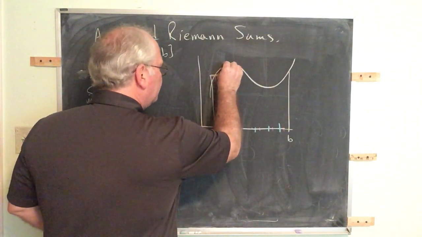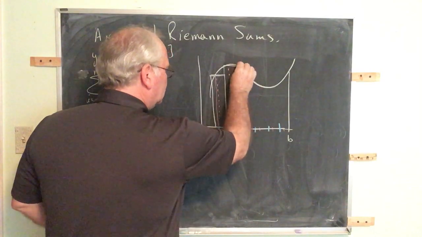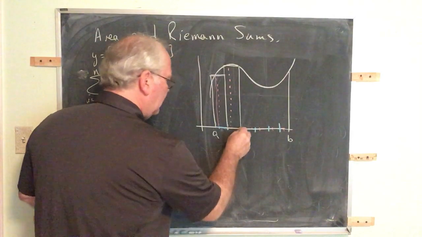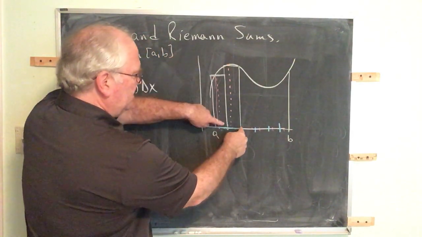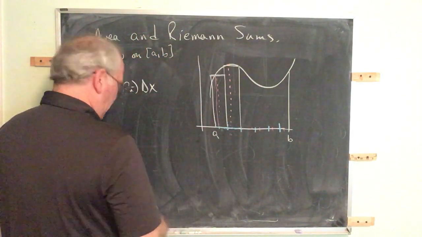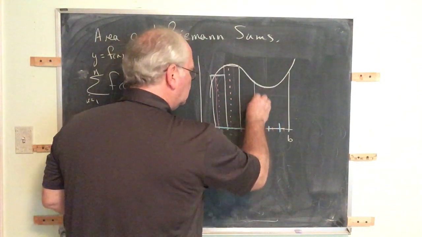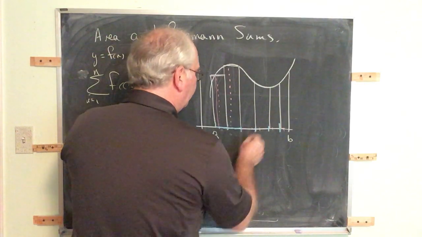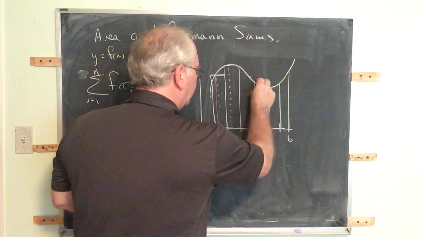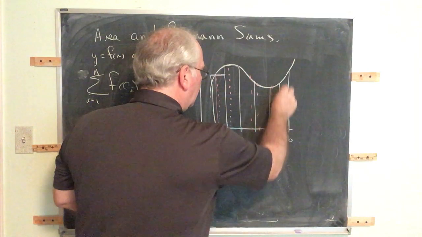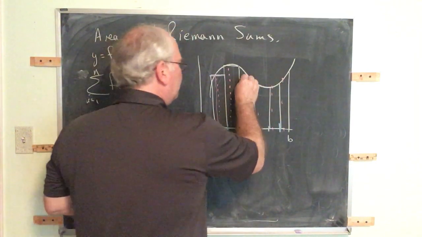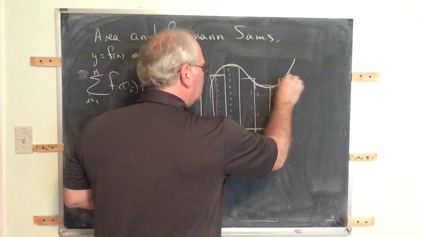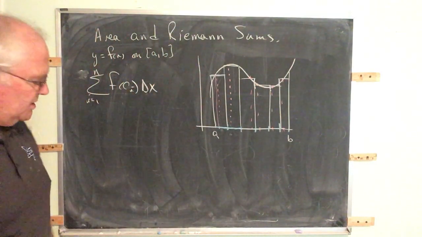And we have that rectangle, and we have that length times that width, and so on, and so on, and so on, and forming those heights. And what we have formed then is a collection of tall, slender rectangles.